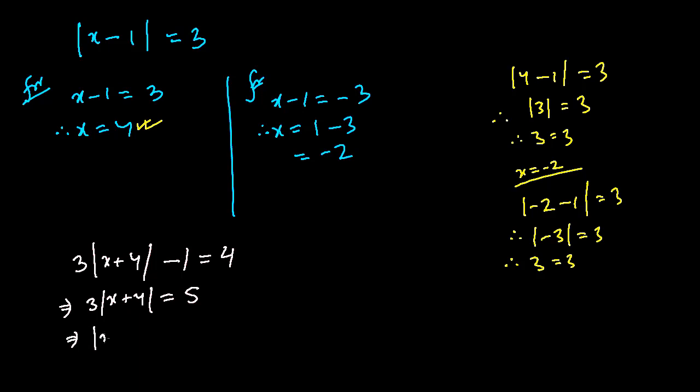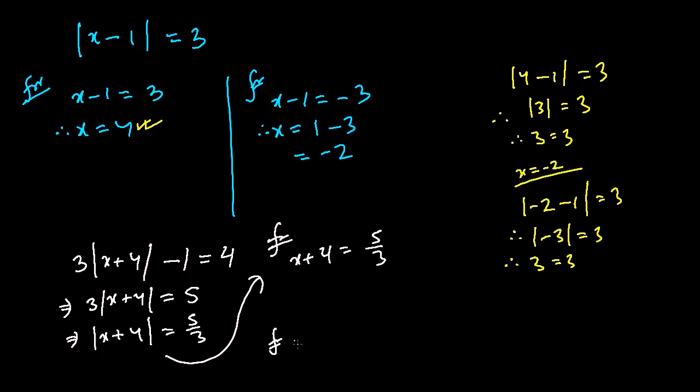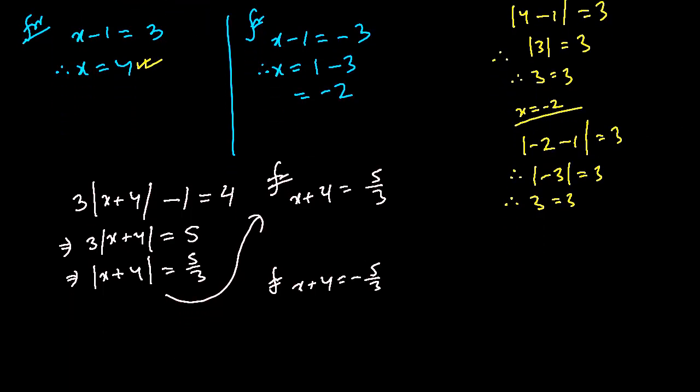And we have absolute value of x plus 4 equals 5 by 3. So again, we know that the distance from the origin of this absolute value is 5 by 3. So it can either be x plus 4 equals 5 by 3, or x plus 4 equals minus 5 by 3, because the number can be on either side of the origin.